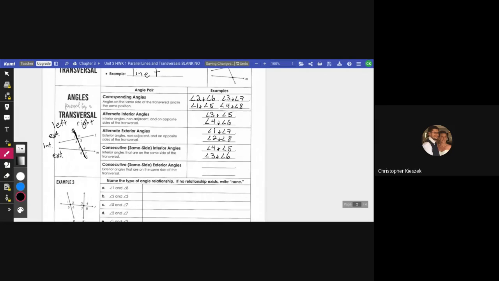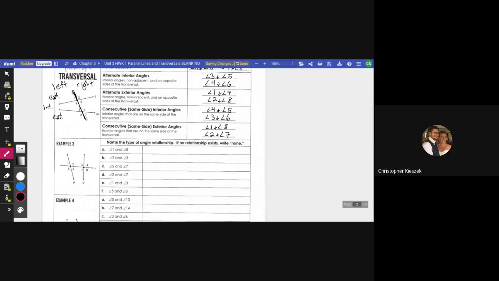And last but not least, consecutive exterior angles: same thing, except that's just exterior. So angle 1 and angle 8 are same side exterior, and angle 2 and angle 7 are also same side exterior.